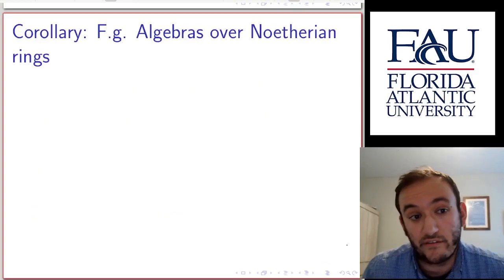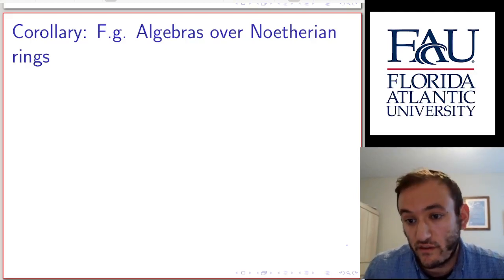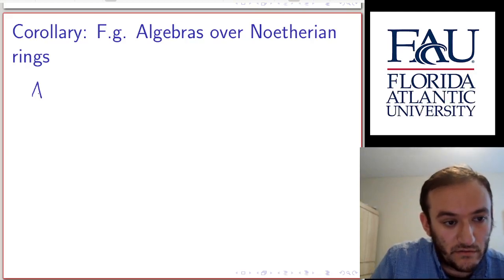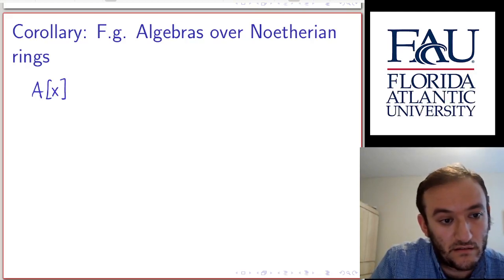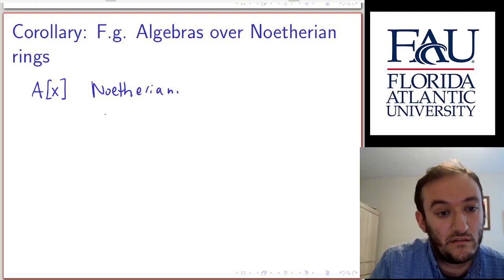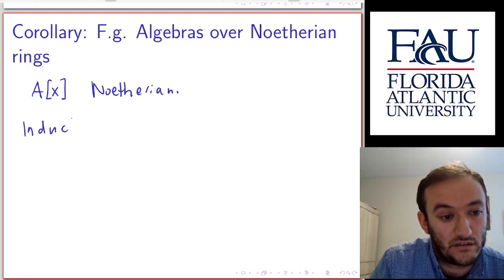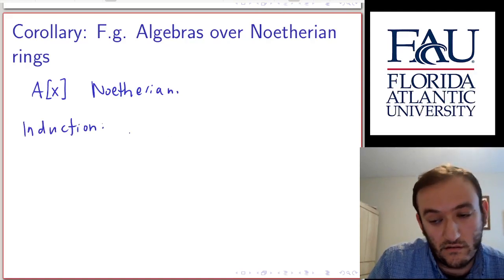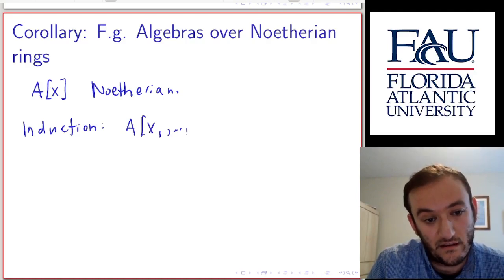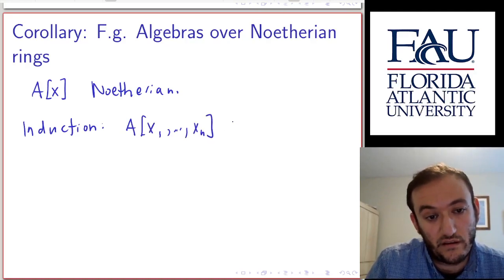A quick corollary of that is that finitely generated algebras over Noetherian rings are also going to be Noetherian. Because A adjoin X is Noetherian, we can apply that inductively. The induction argument would tell us that A adjoin X_1 through X_n is also Noetherian.